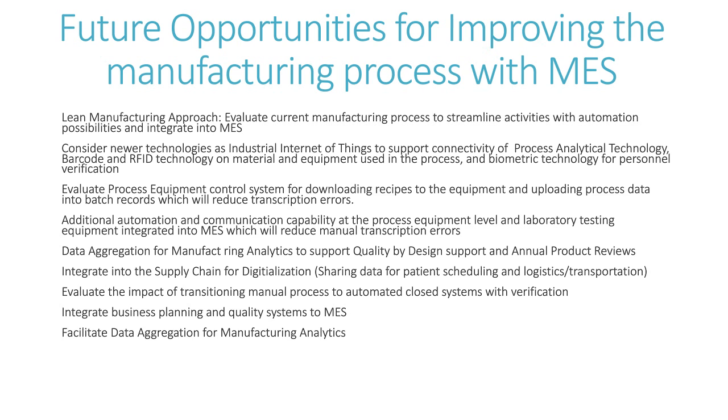You can consider new technologies like the Internet of Things, as I said earlier, specifically with process analytical technology with measurements on the cells, using barcode and RFID technology for tracking, and biometrics for personnel verification.